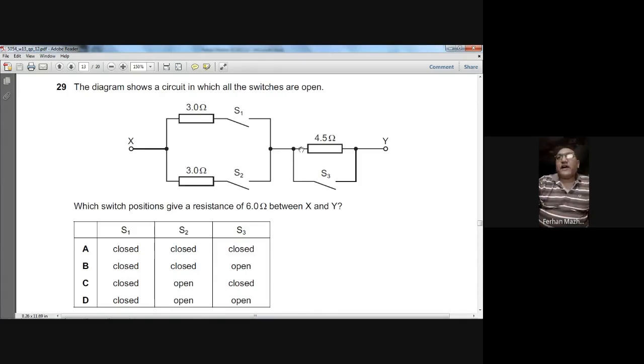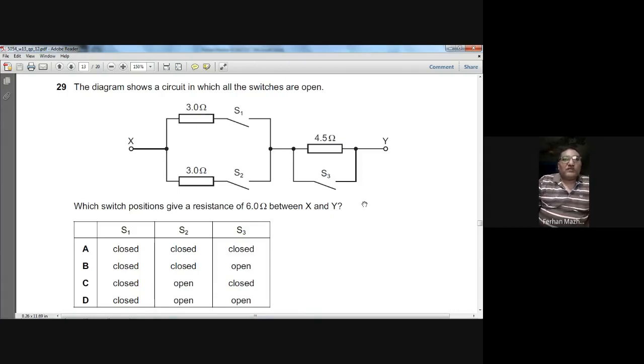So that 1.5 will be in series with 4.5 ohm. And in series, how we get the combined resistance? Simply add them. So 1.5 plus 4.5 will be 6 ohm. So you don't need to close this. So you see, S1 and S2 are closed and S3 is kept open.